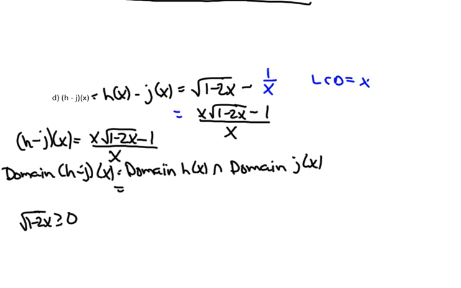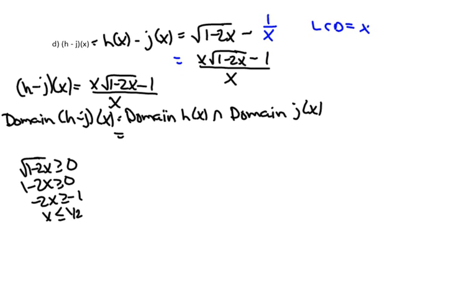Meaning, because the index is even, that's got to be greater than or equal to 0. I can square both sides. Subtract the 1. And remember, because I'm dividing by a negative, I must switch the inequality sign. So, in interval notation, that's going to be negative infinity to 1/2. So I'll put that here.